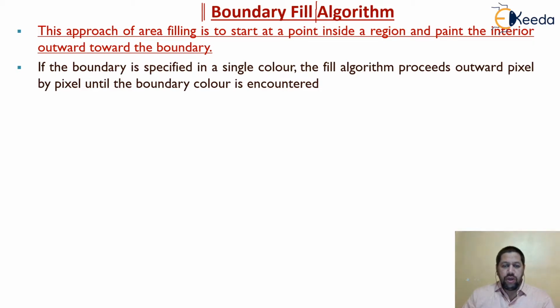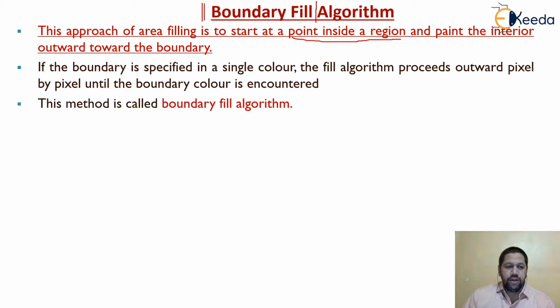In the boundary fill algorithm, we have to start filling the area or the polygon at a point which is inside the region. I start from any point inside the region and just go on painting the interior outward towards the boundary, continuing until I reach the boundary area.